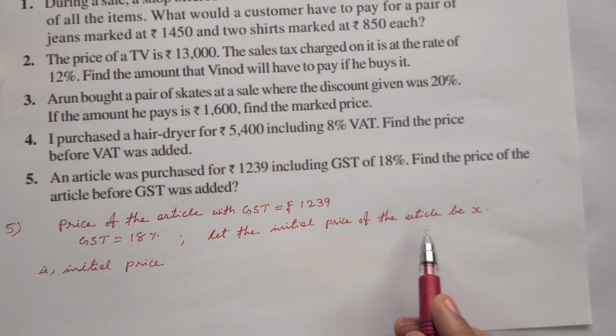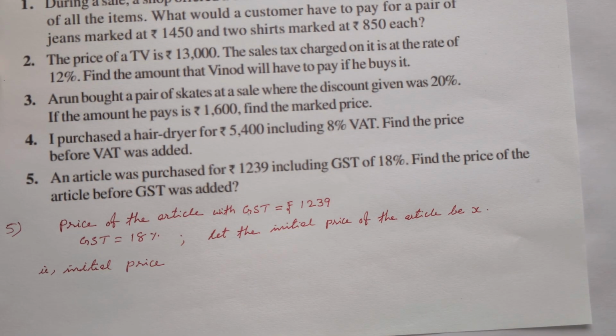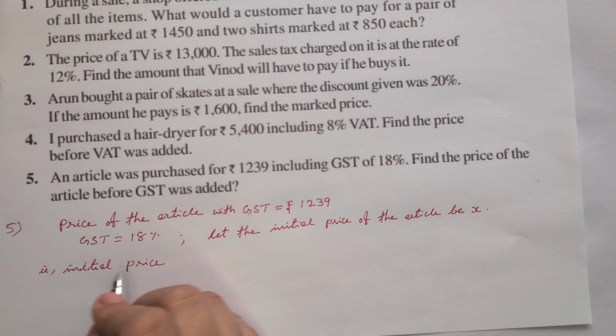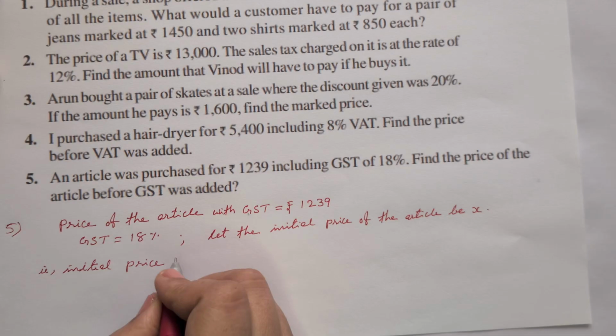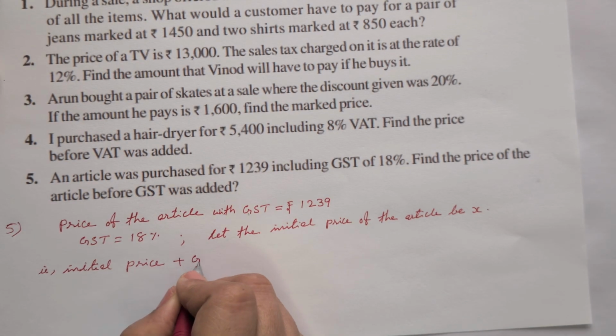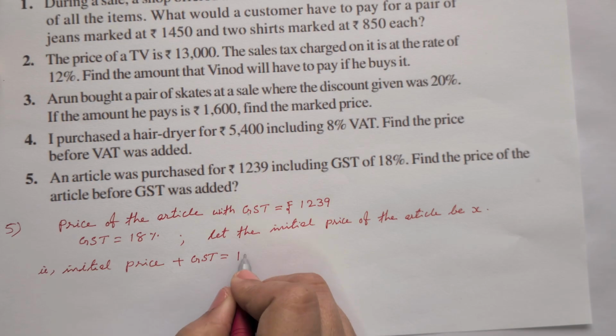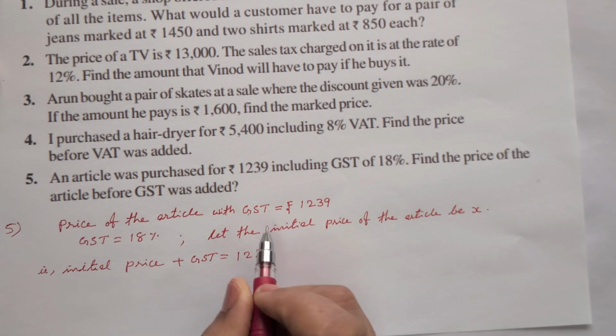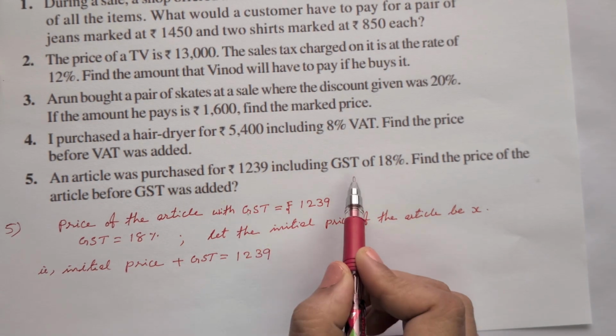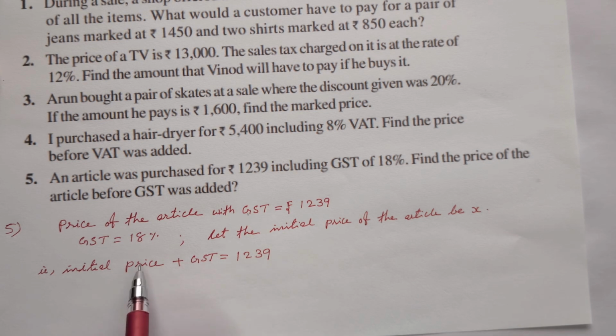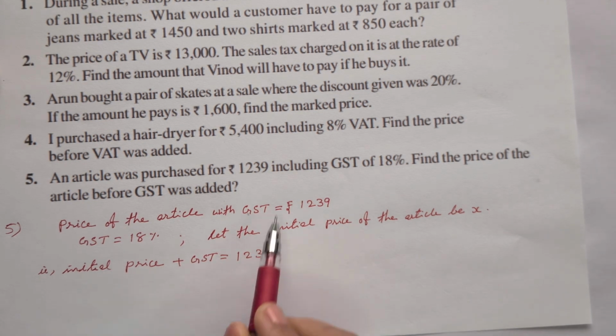Initial price of the article, that is X. Then we know that initial price plus GST is equal to 1239.